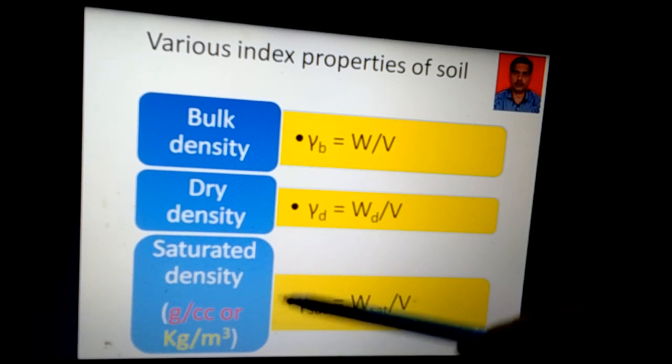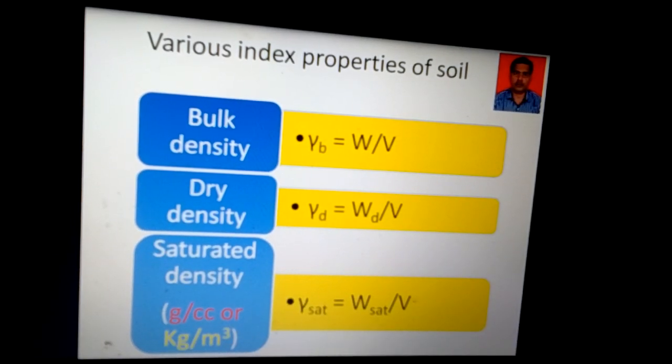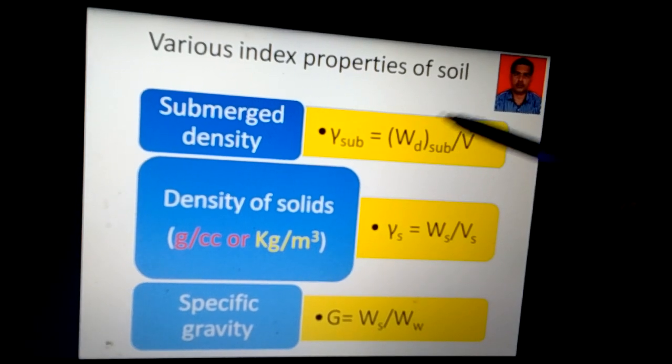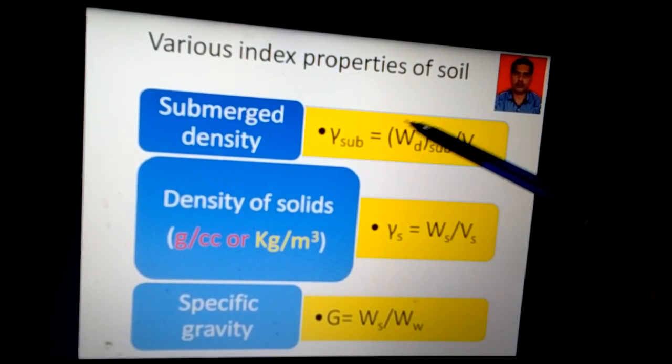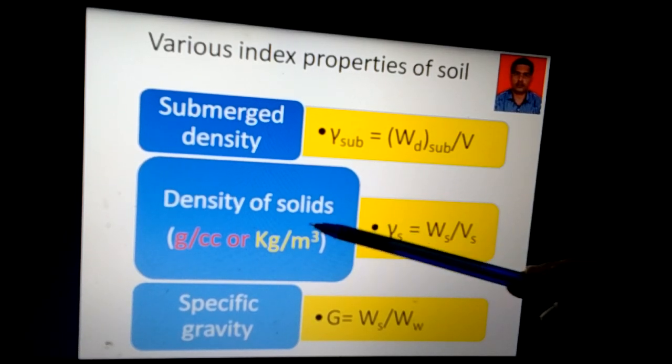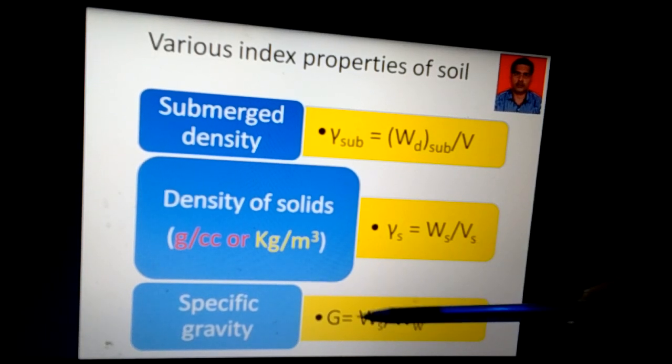All the densities are denoted in gram per cc or in kg per meter cube. Submerged density gamma SUB, that is gamma submerged, we say the W in submerged stage divided by total volume. Density of solids, gamma S, Ws divided by volume of solids Vs. Specific gravity, a ratio of weight of solids and weight of water.